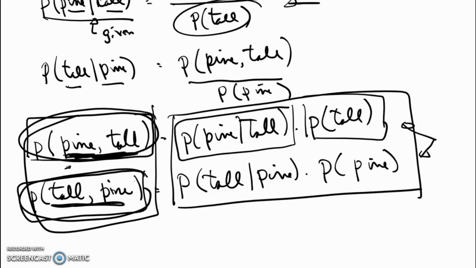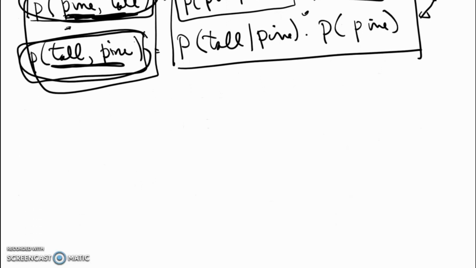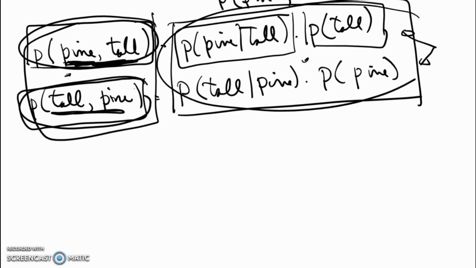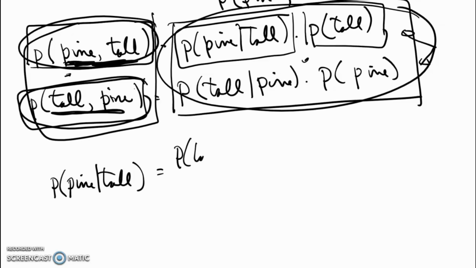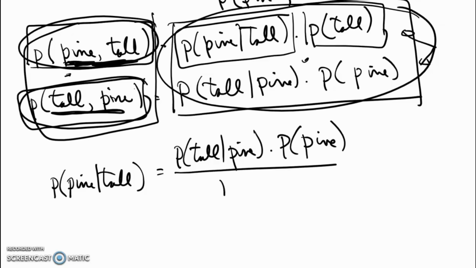then these two things are also equal, and we can rearrange the equality of these two things in a couple of ways. One is to say that the conditional probability of a tree being a pine, given that it's tall, is going to be equal to the conditional probability that it's tall, given it's a pine, multiplied by the marginal probability that it's a pine, divided by the marginal probability that it's tall.